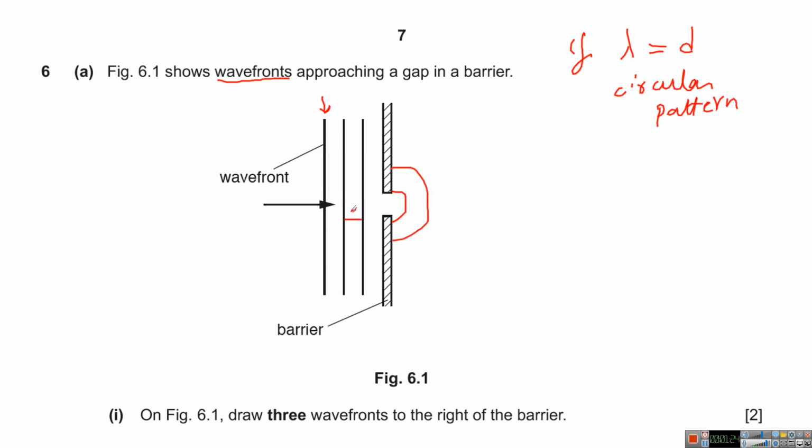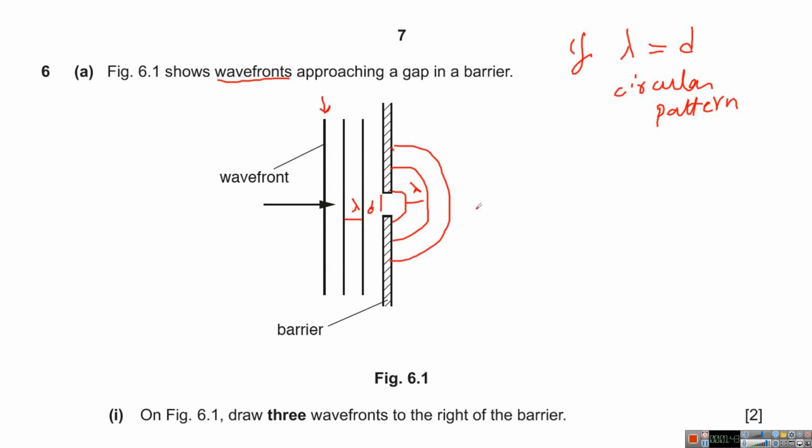The wavelength, which is the lambda, and this is actually d over here, right? So this is actually lambda again. So try to maintain the same lambda when you're drawing this. Use a proper set square and draw very neatly. So these are the three wavefronts you will get.